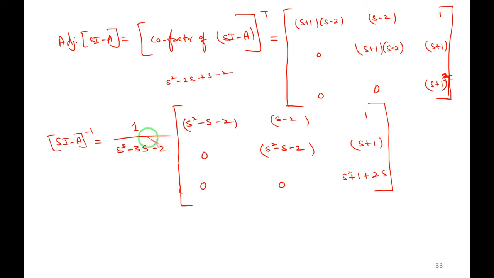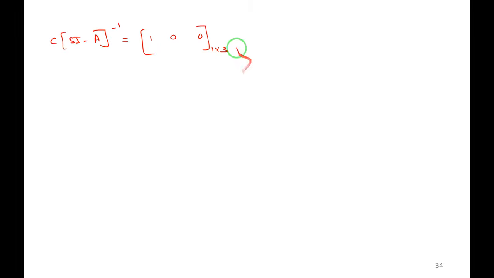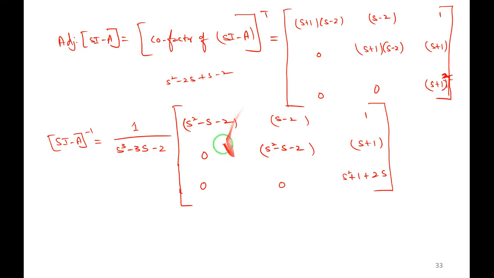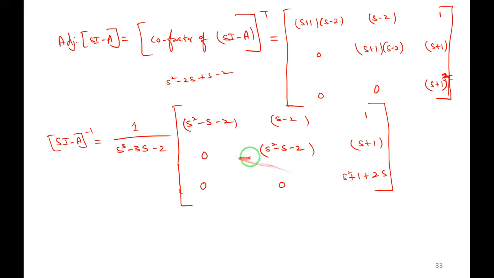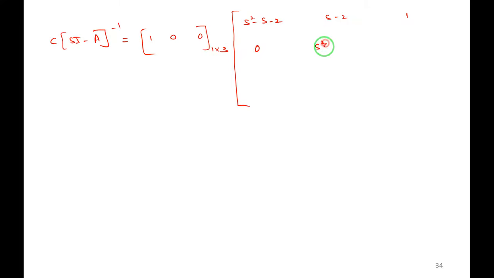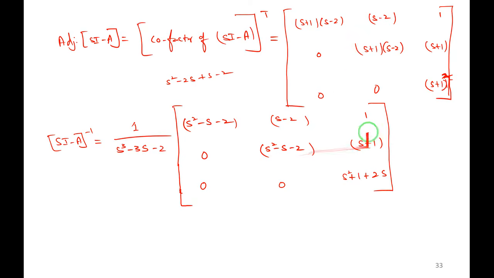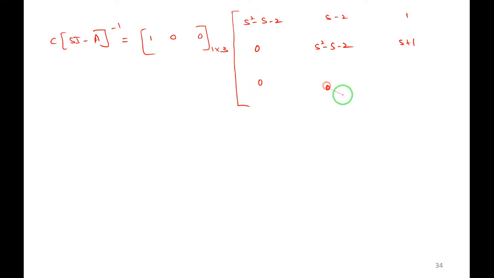Then what is (sI minus A) whole inverse? I have this. Let me write it outside, right? So first I will write this. I will take this to the right side. So s square minus s minus 2, s minus 2, 1, 0, s square minus s minus 2, s plus 1, 0, 0, s square plus 2s plus 1, s square plus 2s plus 1.